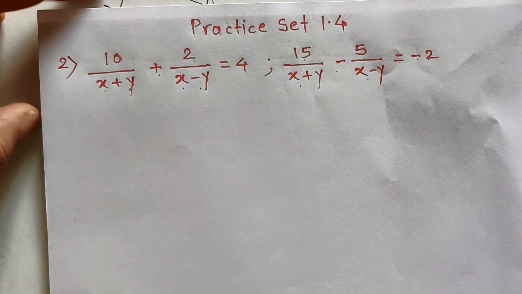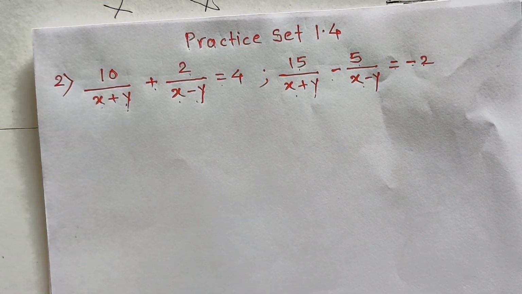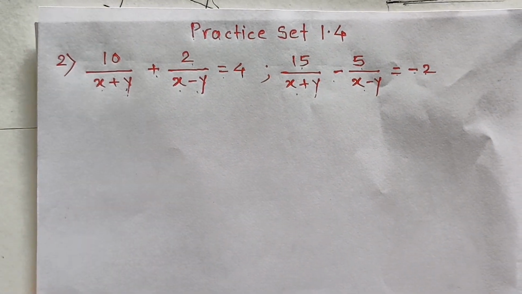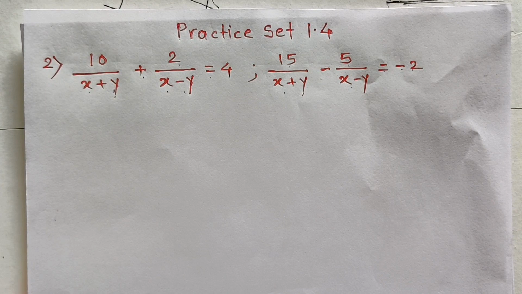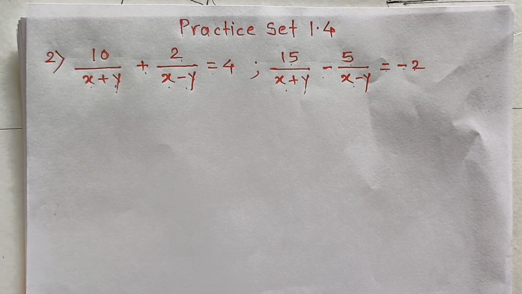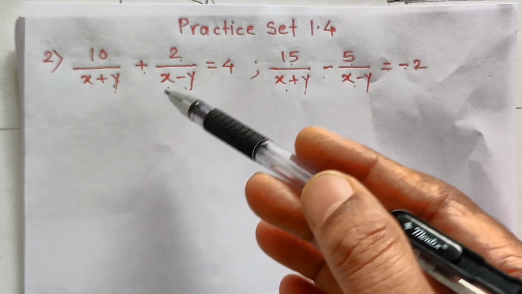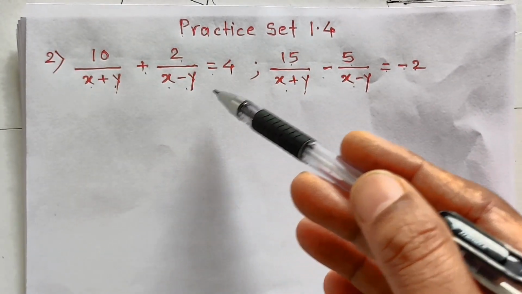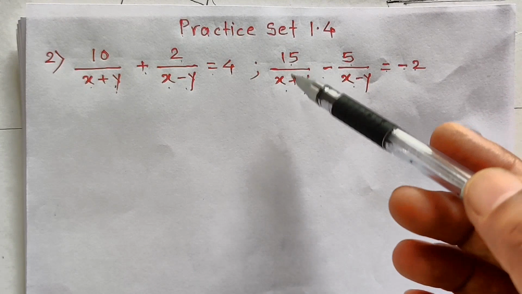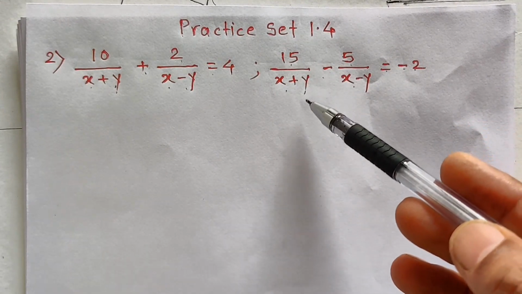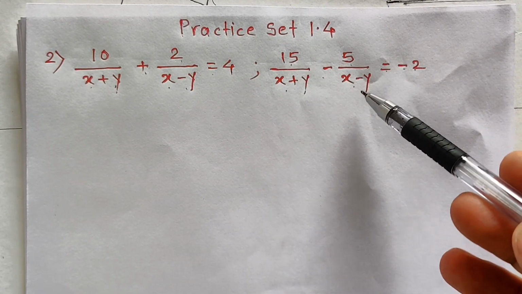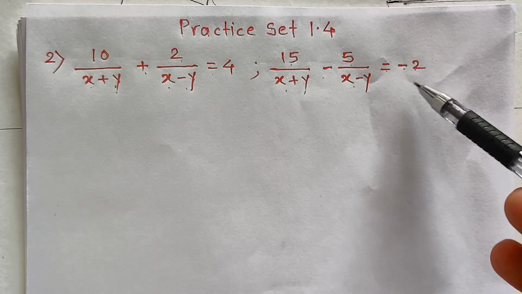Dear students, now here it is the second example from practice set 1.4. 10 upon x plus y plus 2 upon x minus y is equal to 4. The second equation is 15 upon x plus y minus 5 upon x minus y is equal to minus 2.